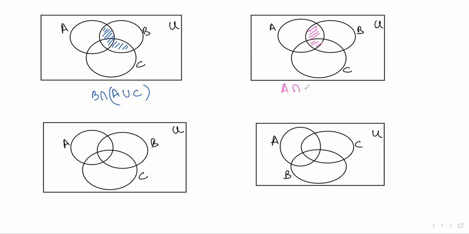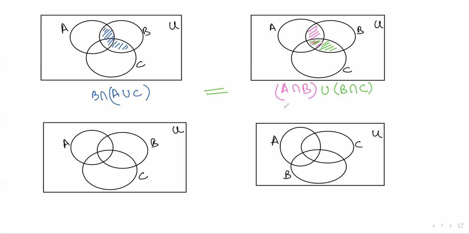In this, you can unite B intersection C. Now, if you observe these two values, they are both equal. You came up with two explanations for the same shaded region. If you also observe, this looks something like a distributive property.